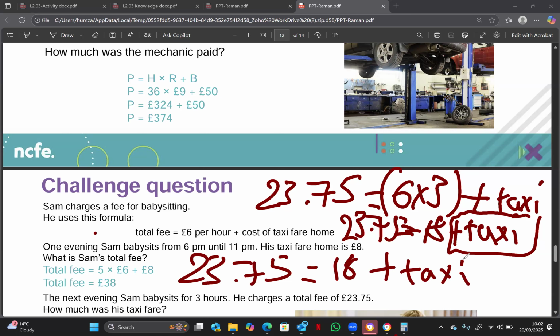So to work out just the taxi, we take this away to bring it onto this side. We minus it. Do you understand?